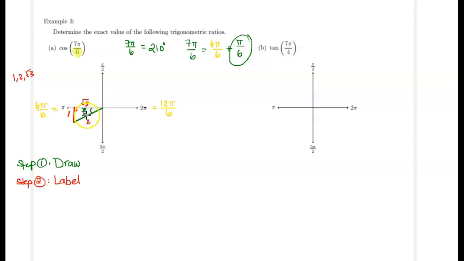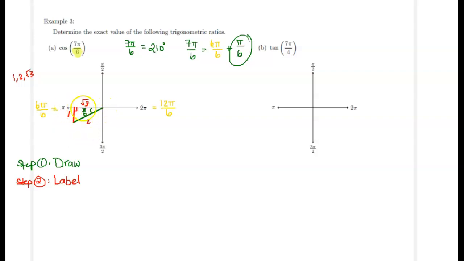But one thing we have to be very, very careful of here is that now I'm dealing with this quadrant down here. And we have to remember, what's the only trig ratio that's positive down here? Well, it would be tan. And that's because some of our side lengths here are going to be negative.